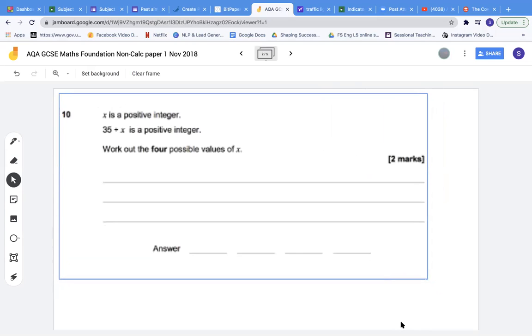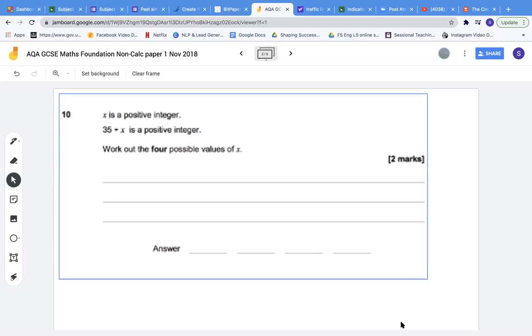Now, I want you to listen very carefully to my question. In this question, I'm going to ask you to tell me what integer means, and I'm going to give you 3 options. Number 1, positive integers are whole numbers only.